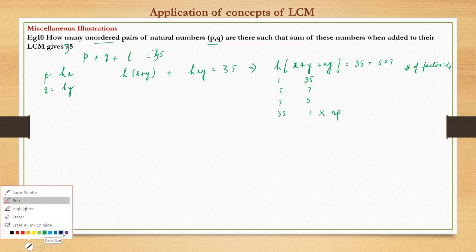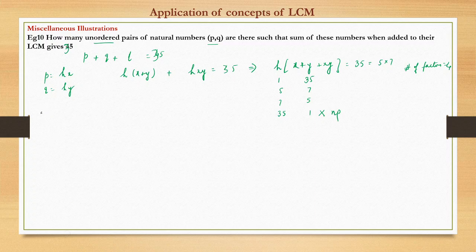Let us see the first case. First case where x plus y plus xy is equal to 35. So this we can write as, this I have shown earlier also, x plus 1 into y plus 1 is equal to 36, right?